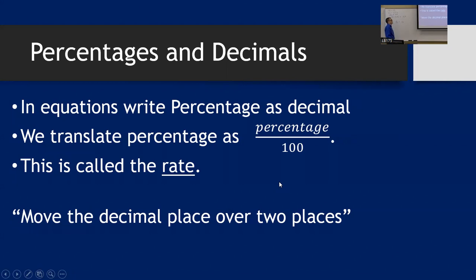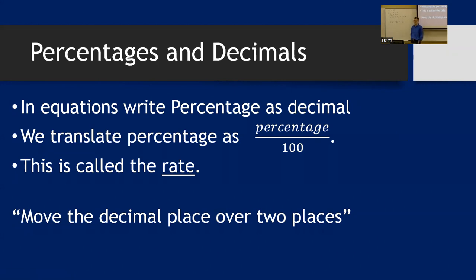By the way, that decimal, I'll often call the rate. All right? So I'll often call that decimal the rate, or a rate of 0.06. And whenever you're dealing with percentages, a percent of a number is just the rate times the number.